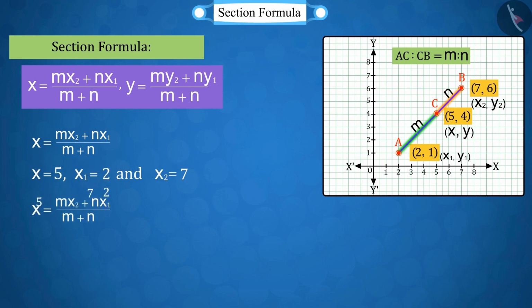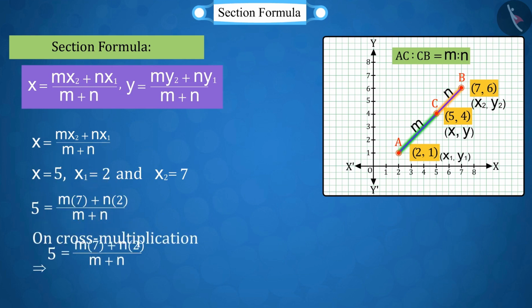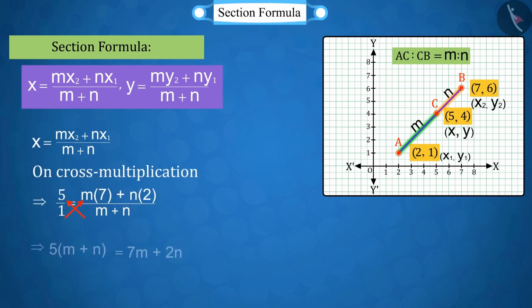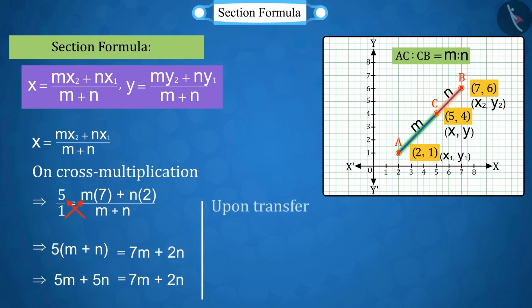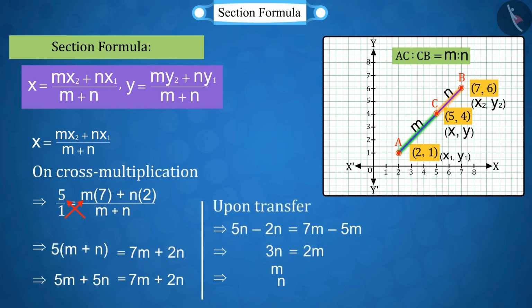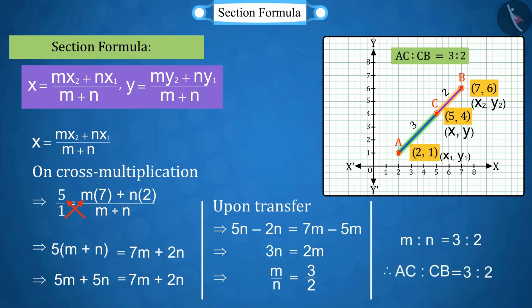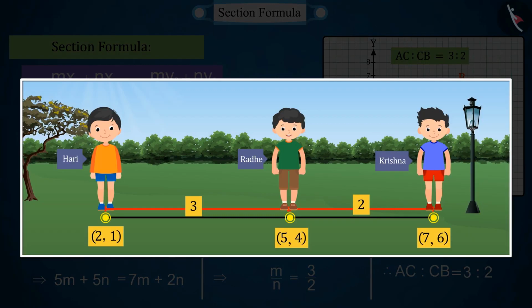On solving which, we get m upon n equal to 3 upon 2, that is, m ratio n equals 3 ratio 2. So we can say that Radhe is standing at a distance of 3:2 ratio from both friends.